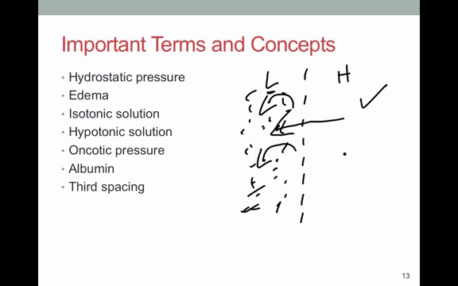Albumin, the most common intravascular protein, principally made in the liver. Third spacing: whenever colloidal osmotic pressure or oncotic pull is low, fluid leaks from the intravascular space into the interstitial space. So we get a third space fluid shift, if you will.